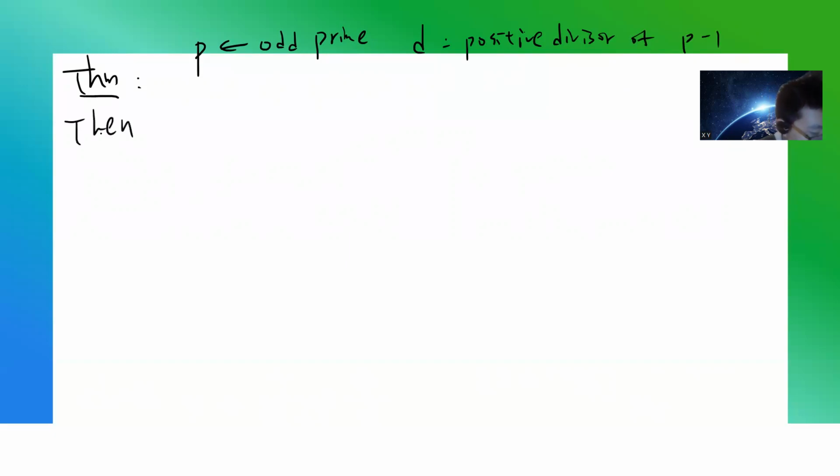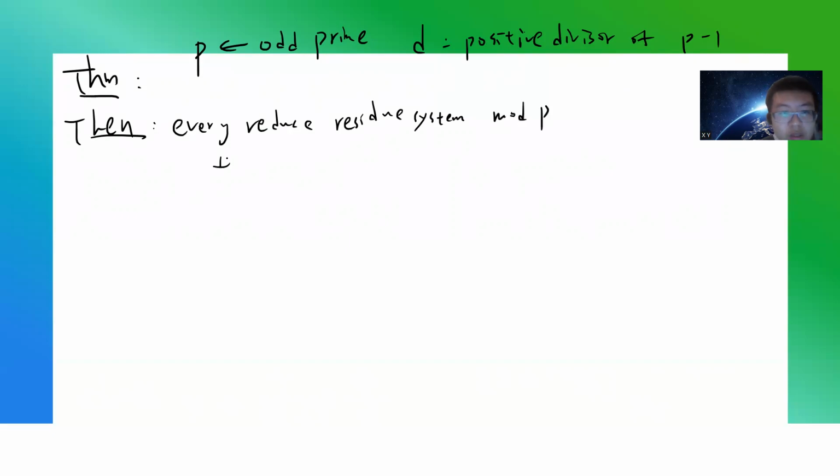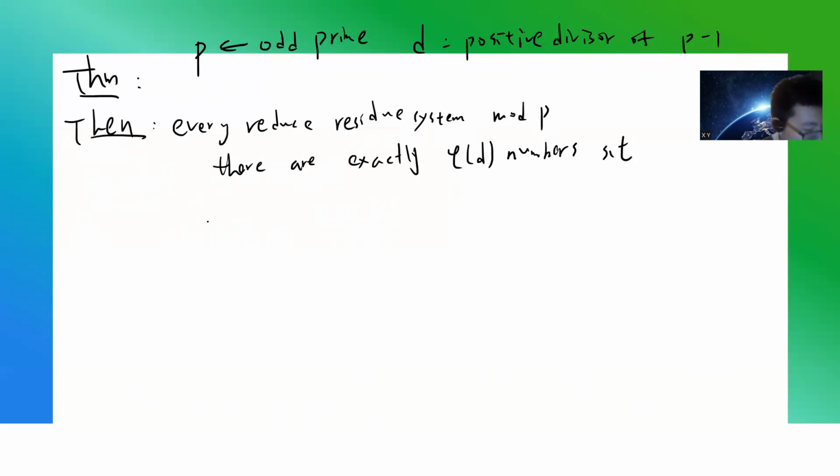Then what we are saying is that in every reduced residue system mod p, there are exactly phi(d) numbers a such that a to the d is 1 mod p.